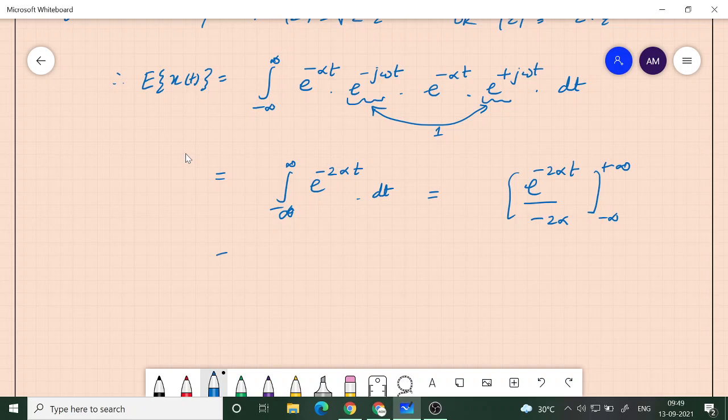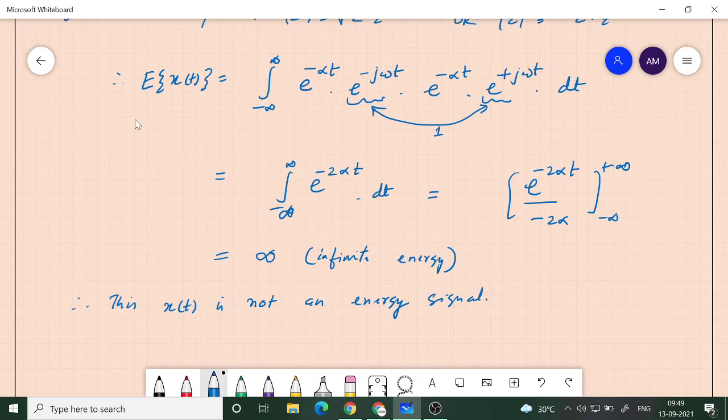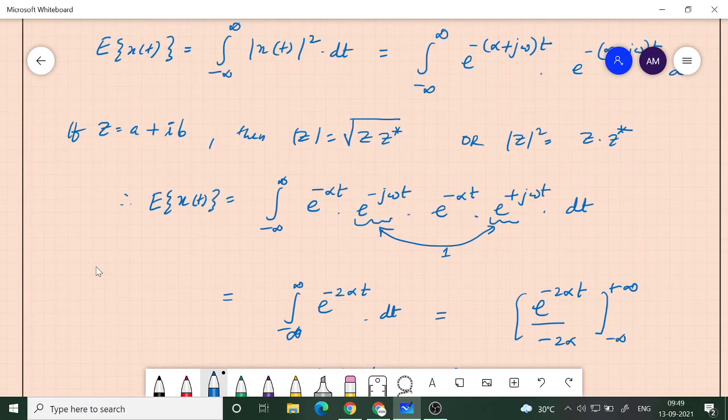So this has infinite energy. Therefore this x of t is not an energy signal because the energy is not finite. It was not converging.